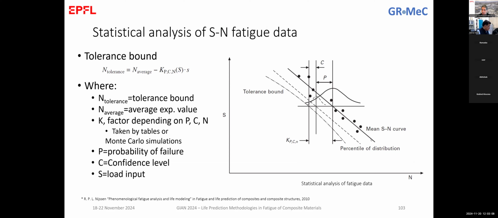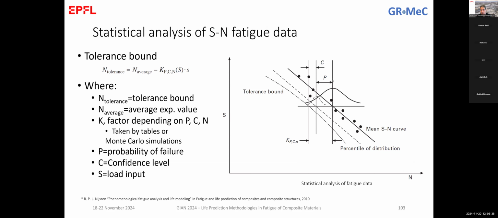We have the mean SN curve, actually the linear regression, the fitting to the experimental results. There we have the tolerance bound, which, depending on the percentage that we need to set for this, is the bound that closes the experimental results in between the lower and the upper bound.